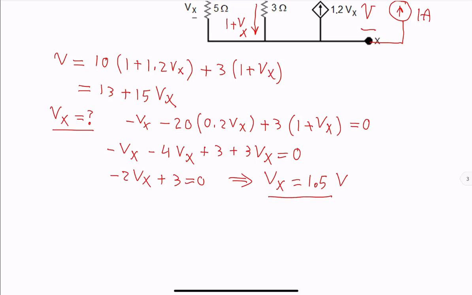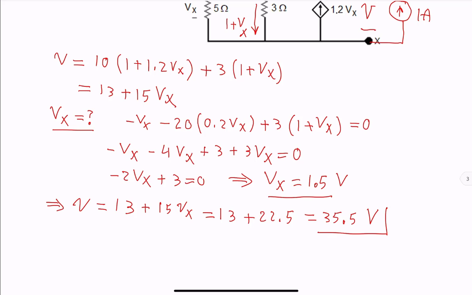Let us find V. That is 13 plus 15 Vx, plus 15 times 1.5, 22.5, and we end up with 35.5 volts.